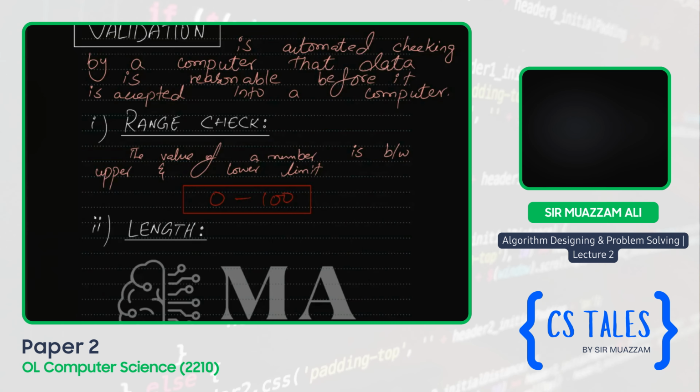So that is used to check digits, whether they are within the total length or not. Length check means it will check the total length of the characters, or you can say the exact length of characters. I also gave you the example of passwords.